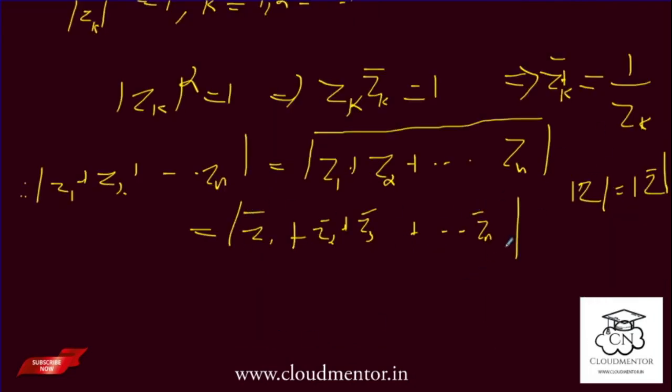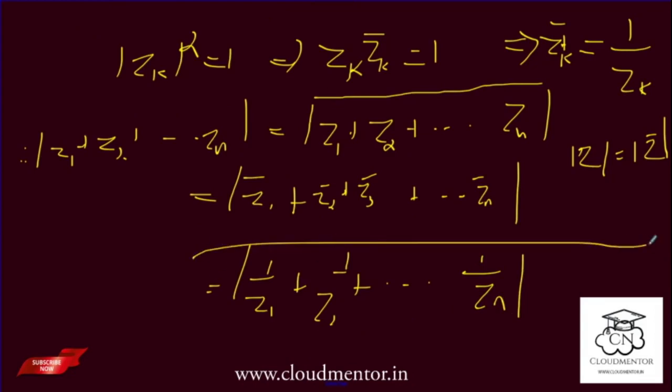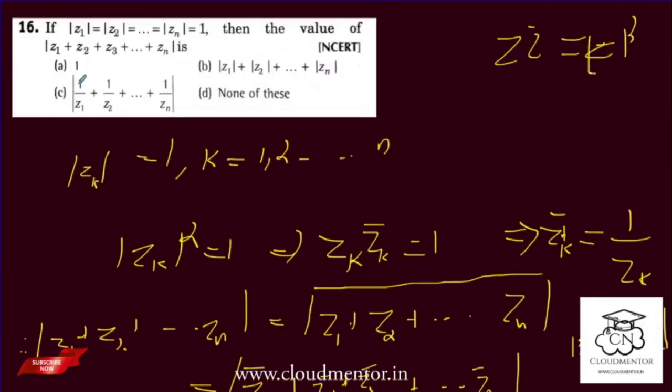And now we can apply this property we have found here, in the place of z1 bar we can write 1 by z1, 1 by z1 plus 1 by z2 plus etc up to 1 by zn. And now I think this is in the options, option C is the right answer. Okay, that was easy. Now moving to the next question.